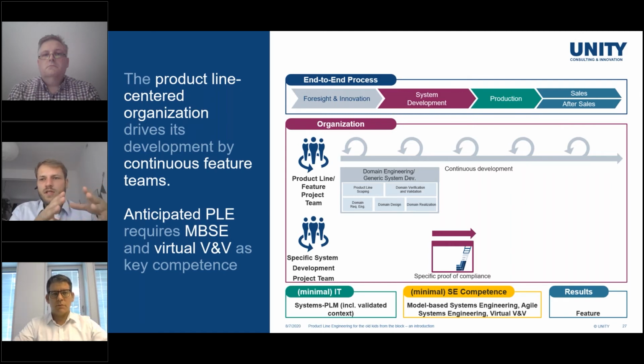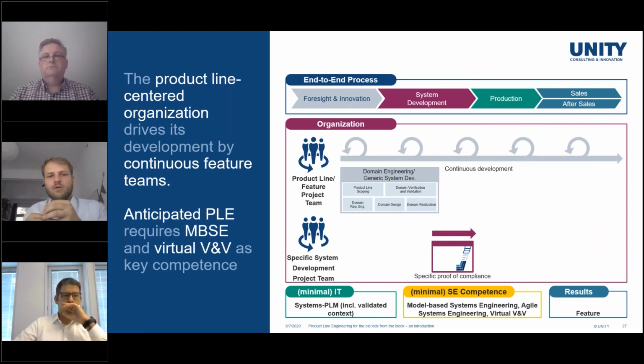And so as you can see, you have the bigger part of the product line project team and the smaller part of the specific system development team, because naturally you will have some work to do to achieve a proof of compliance, to get the certifications, the homologations, and that will be done by a specific system development team that is more focused on the integration and verification part.